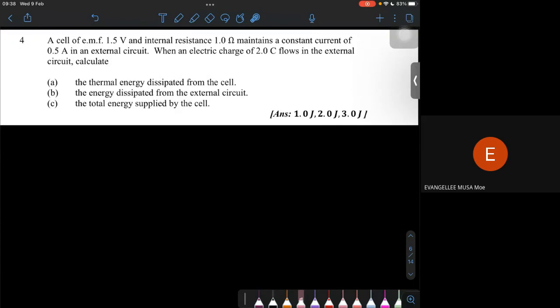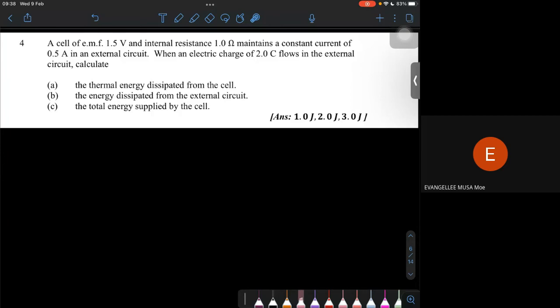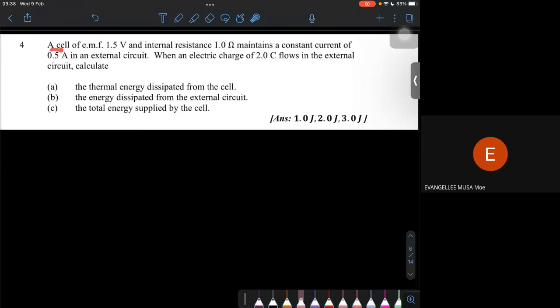Let's look at the next question number 4. A cell of EMF 1.5 volt and internal resistance 1 ohm maintains a constant current of 0.5 ampere in an external circuit. When an electric charge of 2 coulomb flows in the external circuit, calculate the thermal energy dissipated from the cell, energy dissipated from the external circuit, and the total energy supplied by the cell. Okay.